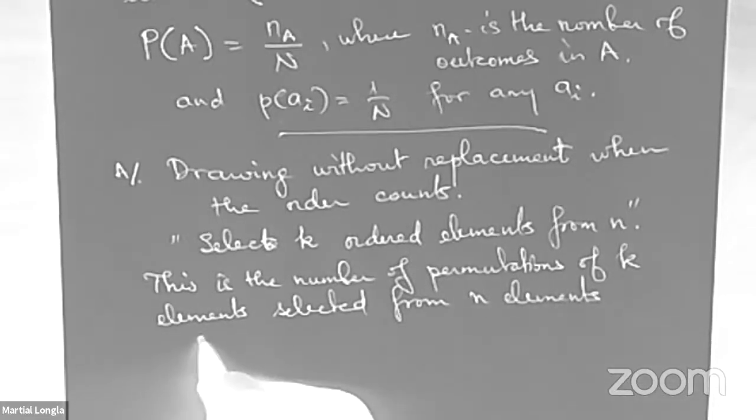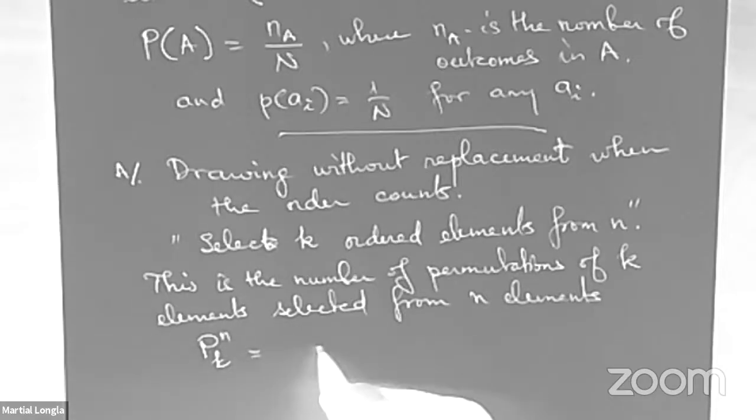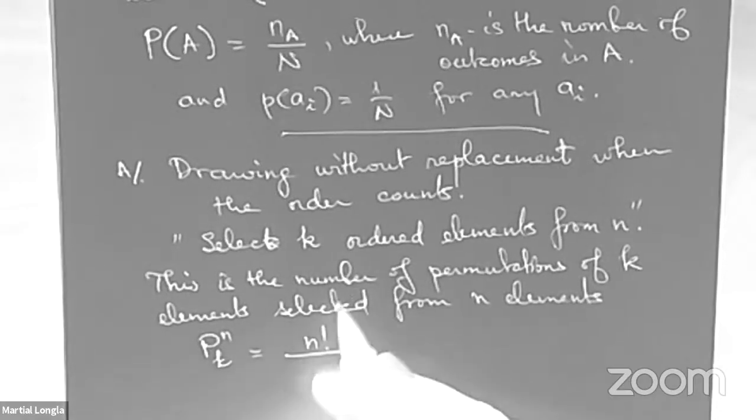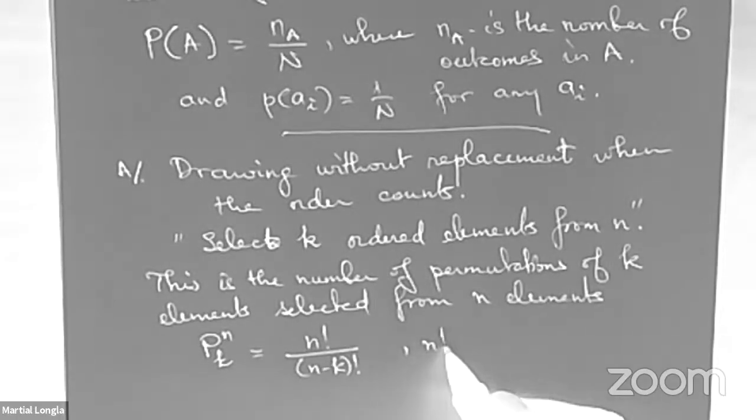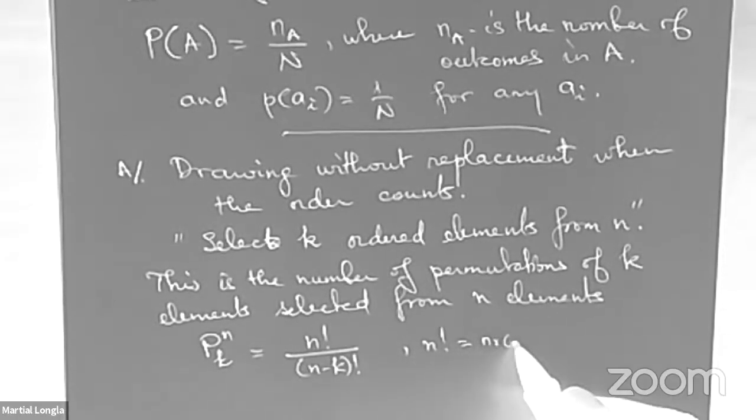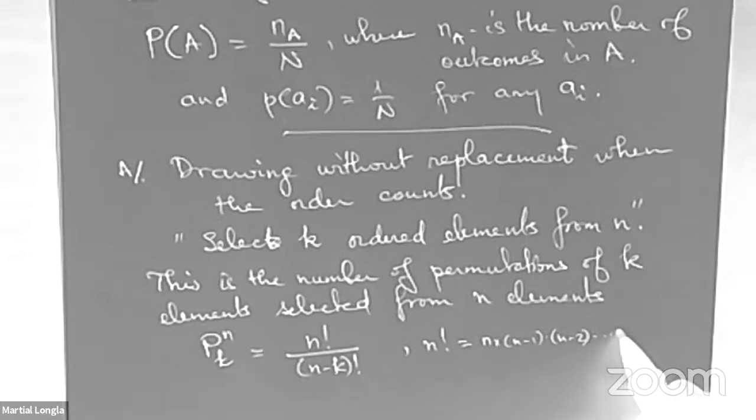And the notation officially is P(N,K), which is N factorial divided by N minus K factorial. We know what N factorial is, right? N factorial is N times N minus 1 times N minus 2 all the way down to 2 times 1, the product of all integers up to N.